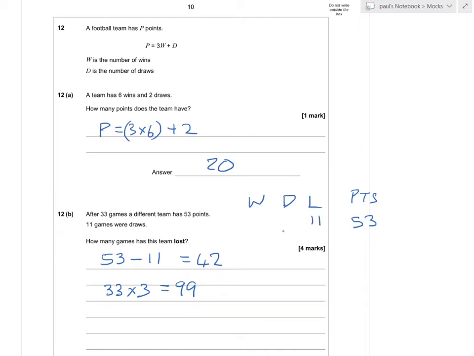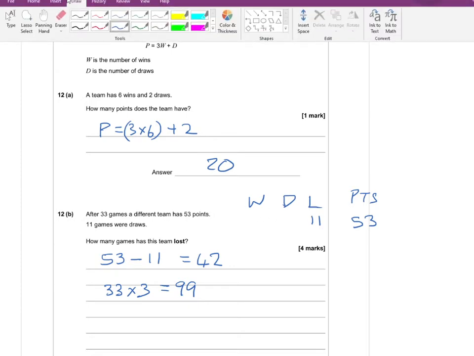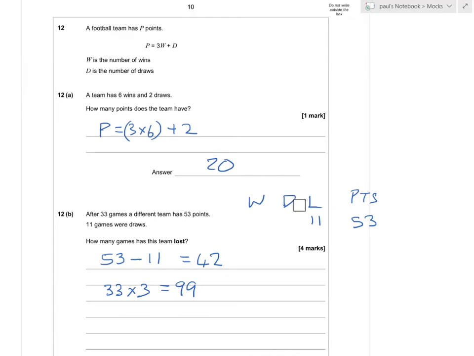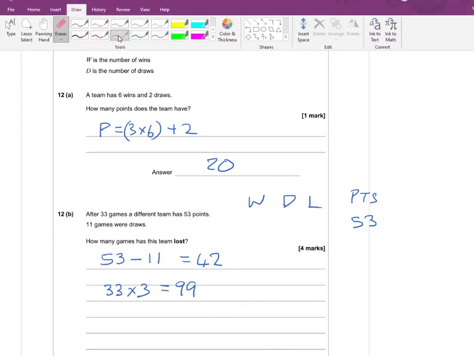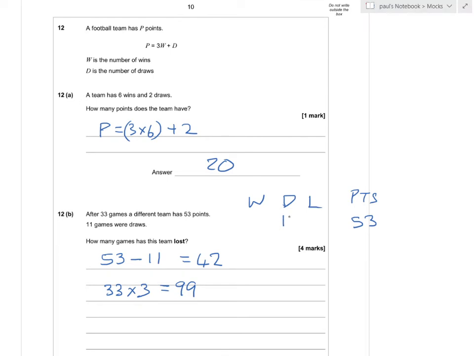So that means there's 42 points to be shared out amongst the wins and draws. Oh no, there's the losses, isn't it? I want to think about this one, everybody. I'm sure maybe you can see this straight away and thinking, what's he doing? Anyway, let's have a look.